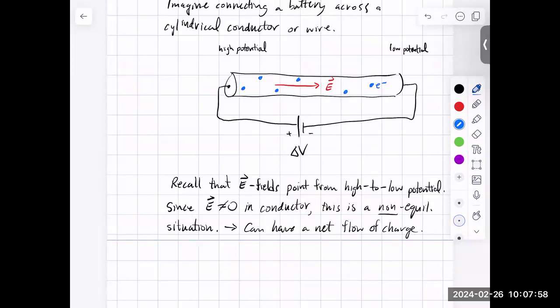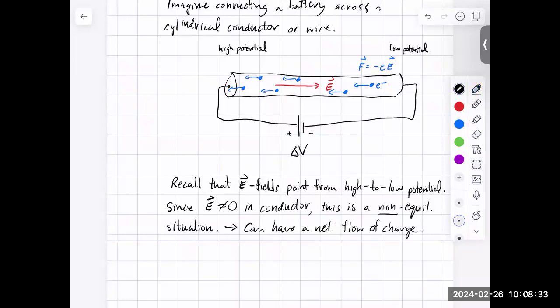That electric field exerts forces on these electrons that are free to move around. Because the electrons are negative charges, the force on them is in the opposite direction of the electric field. And so they all are going to experience these forces that will be minus the charge of an electron times the electric field. And so they'll all experience these forces that are directed towards the left, and we'll have this net flow of charge, negative charge, from the right to the left.